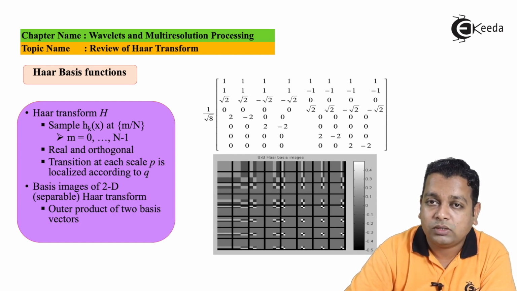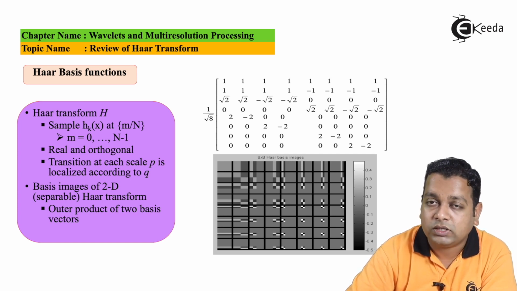The two-dimensional transform is also a separable transform. One one-dimensional operation and another one-dimensional operation we can separate out, hence the separability property. The outer product of the two basis vectors we can have, and for the example here of 8 by 8 Haar basis images, we have the 64 coefficients represented by this particular diagram.